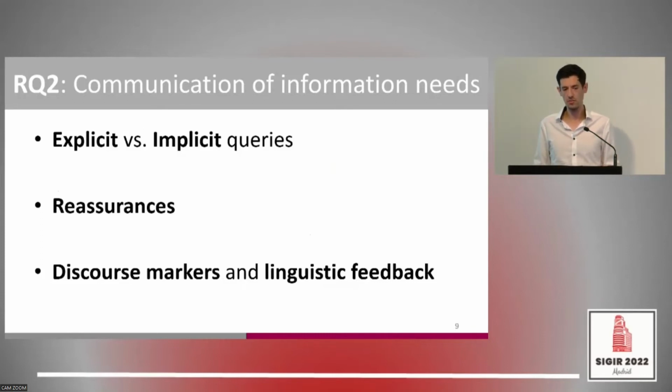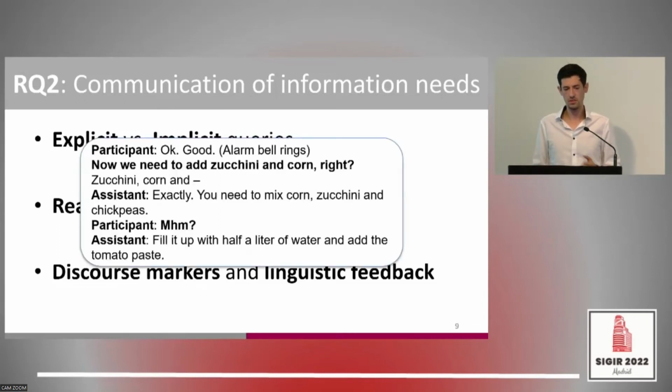I found three main types of communication. First of all, we have explicit and implicit queries, which occurred quite frequently. Then users also made use of reassurances, and discourse markers and linguistic feedback occurred quite often. Consider, for instance, this script. When a participant is asking, "And now we need to add the zucchini and corn, right?" he's basically uttering a kind of reassurance: is it correct what I'm doing right now?